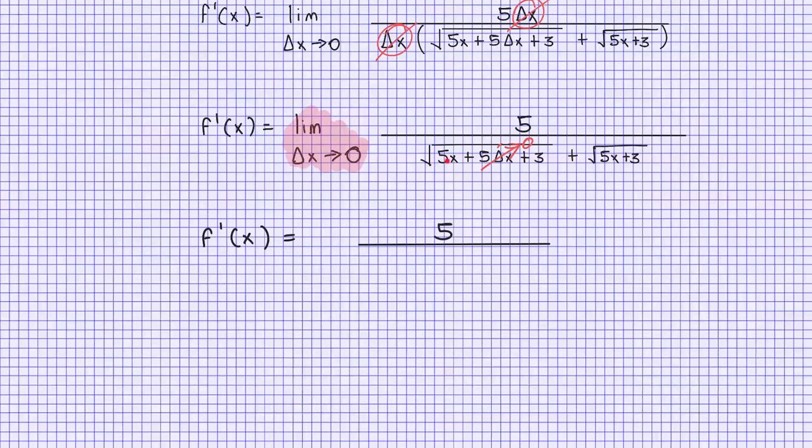This is the square root of 5x plus 3, and it's being added to itself. So we end up with twice the square root of 5x plus 3. And this is our answer.